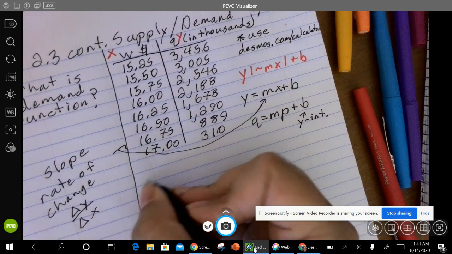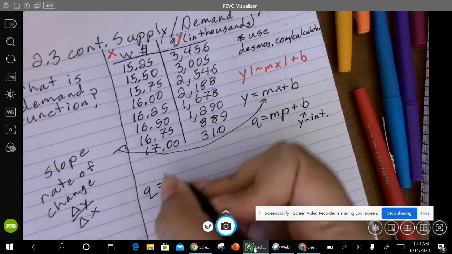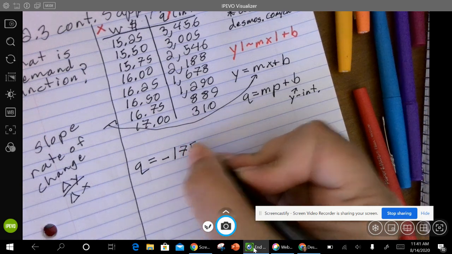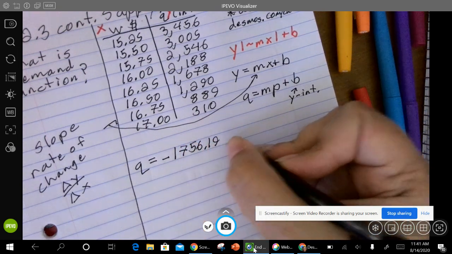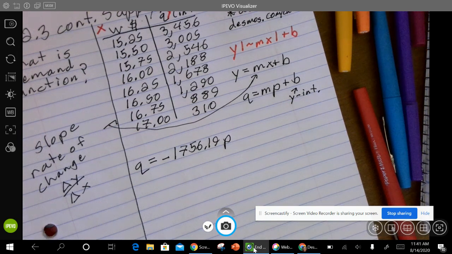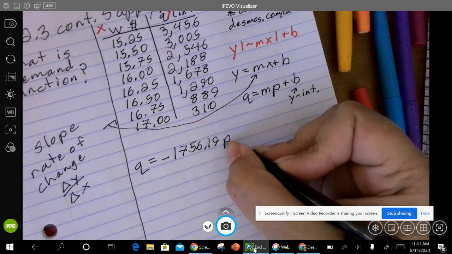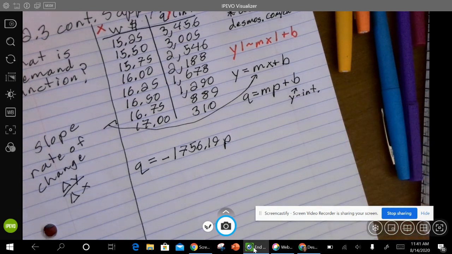So I'm going to write that down from what we had. So Q was equal to negative 1,756.19. Okay, so everybody, because we're talking about money, plus P. So P is our price, everybody.